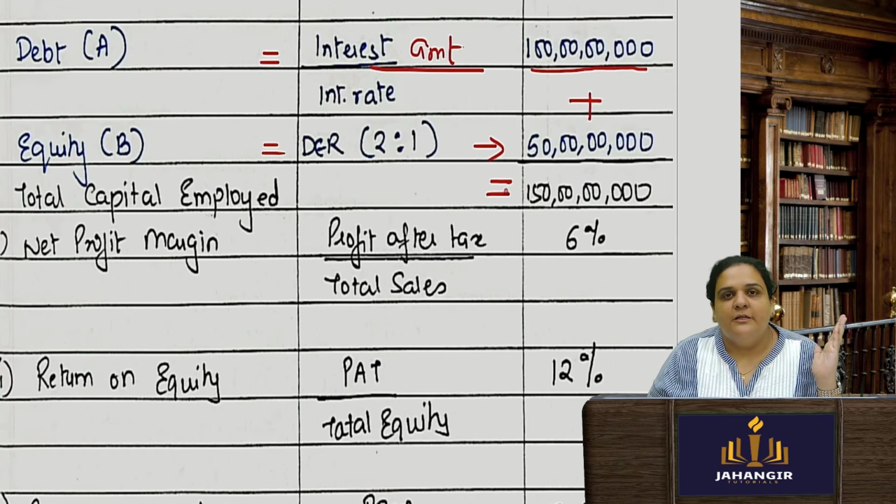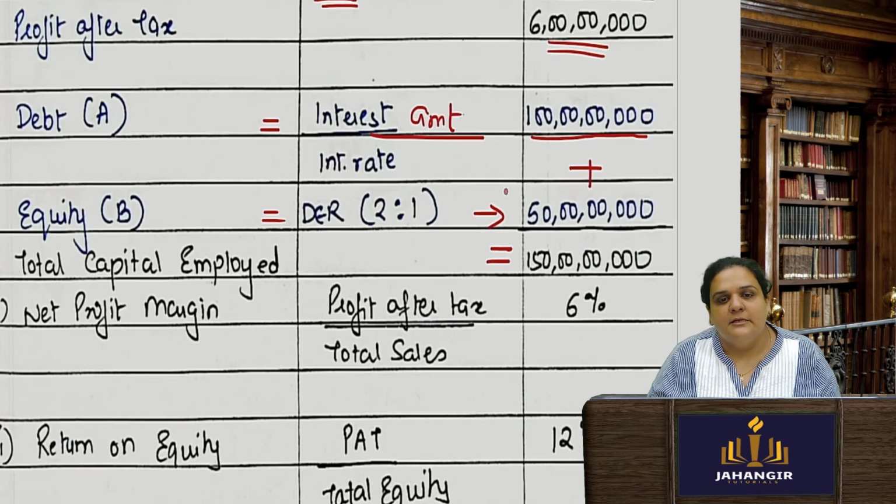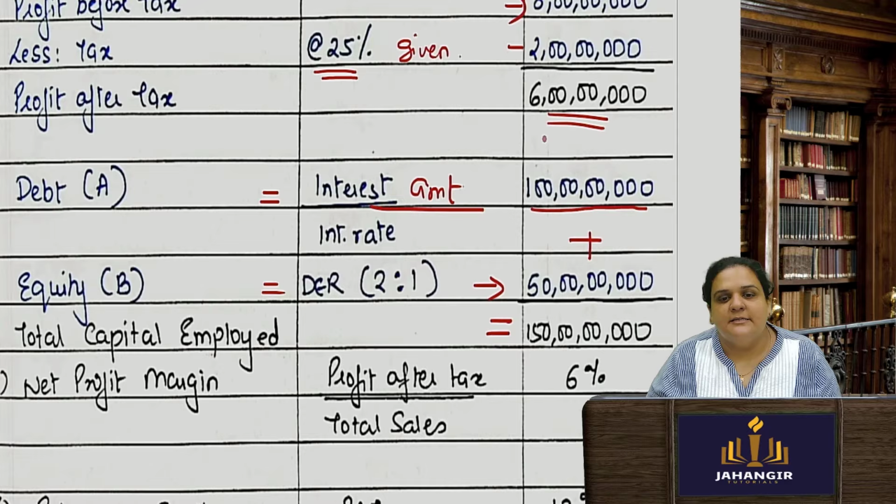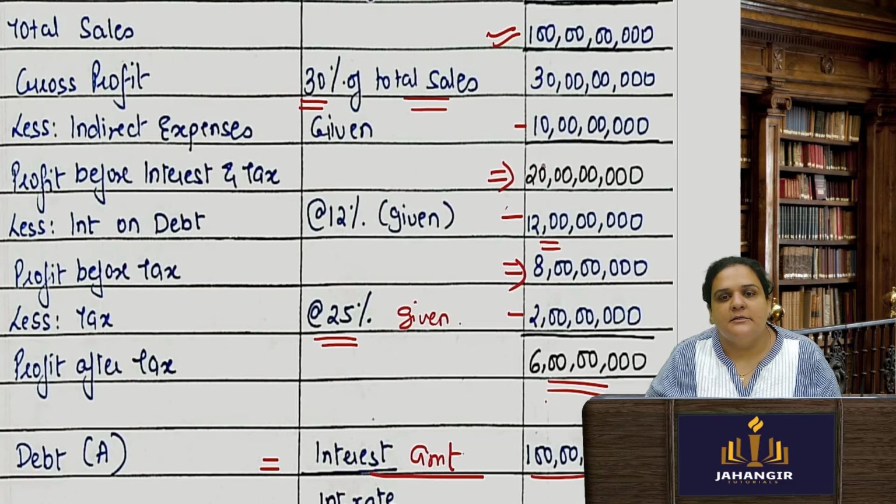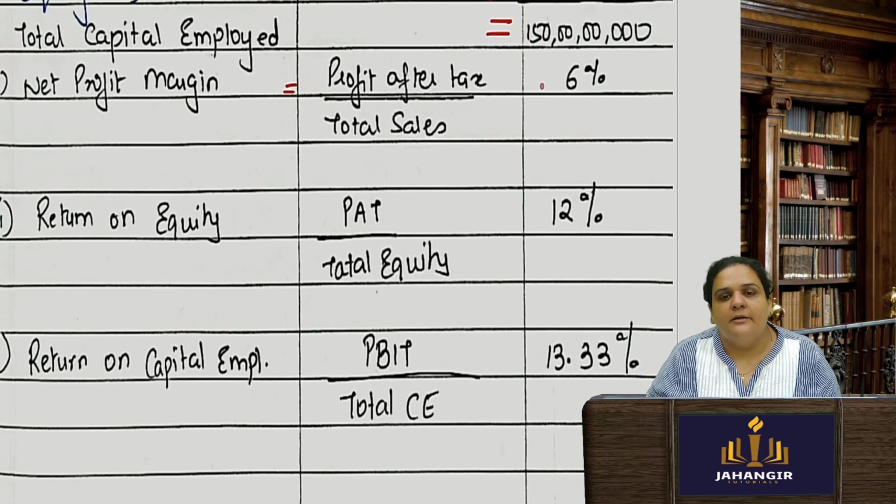Now I have everything with me to find the three ratios. Net profit margin is net profit after tax upon total sales. What is net profit after tax? 6 CR upon total sales. Total sales is here 100. 6 upon 100, 6%. Return on equity will be profit after tax upon total equity.